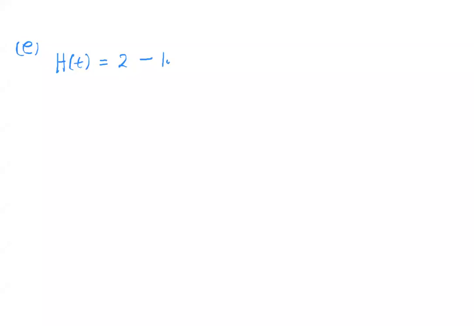Okay, they say find algebraically. So I'm going to write this in this form, to the power of -1. So I differentiate this. So you get the mark for doing it algebraically.